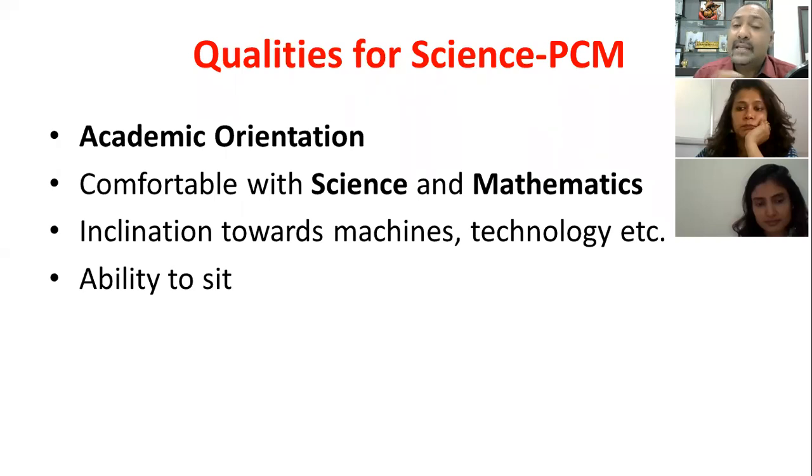That has to be your interest area. And last but not the least, you should have the ability to sit for long hours and study. If in your case, all these 4 things are a yes, and you've taken a combination of physics, chemistry, and mathematics, you are in the right stream. Go ahead with taking up a pure stream option of degree after 12th.